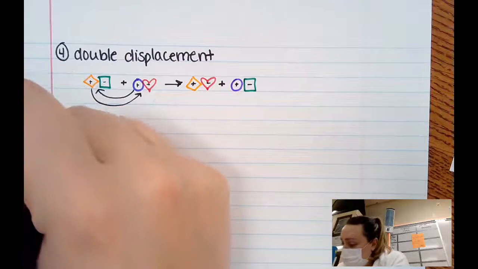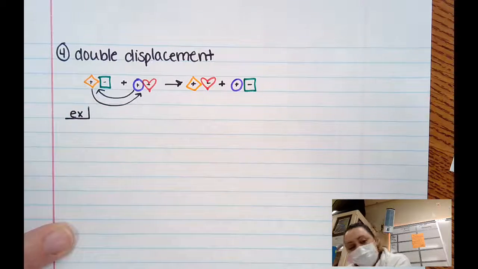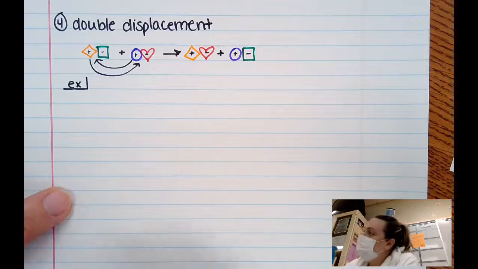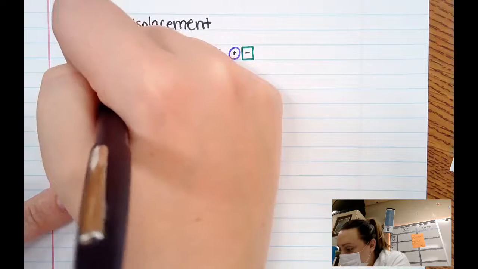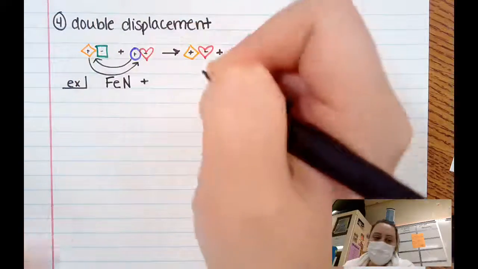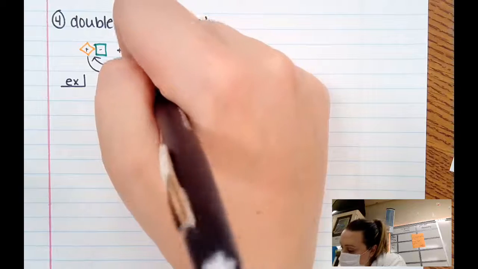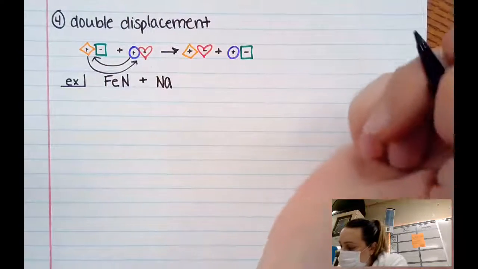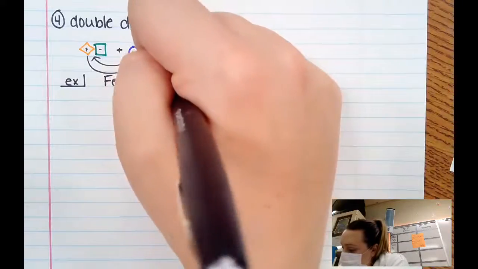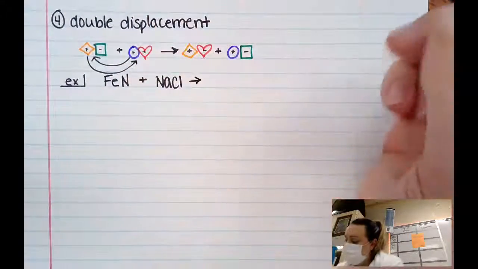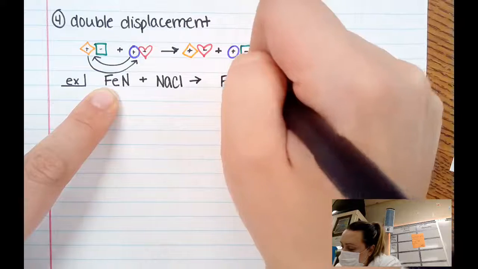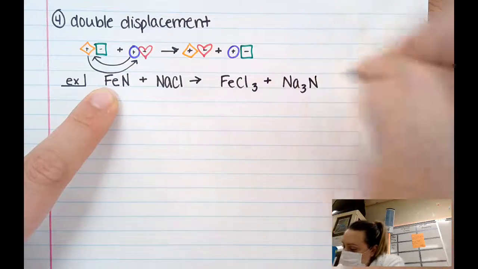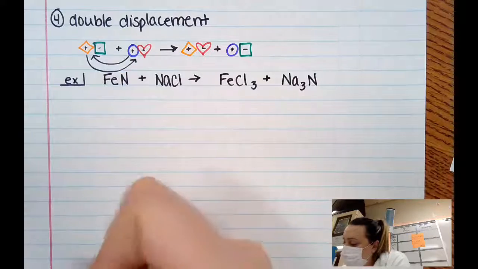An example of this, let's take iron nitride and mix it with sodium chloride, and we're going to end up with, again, don't worry about these formulas and the balancing.